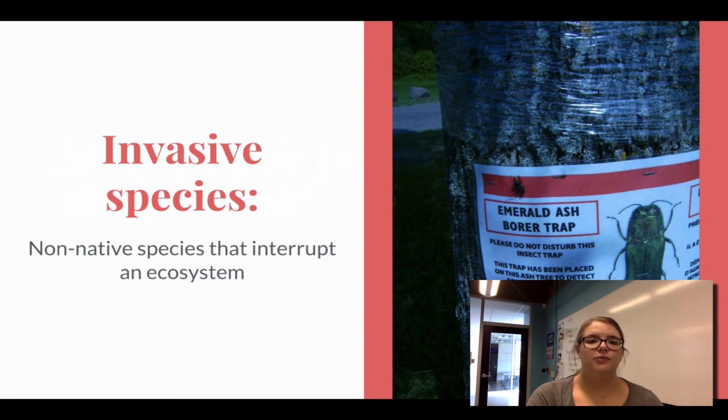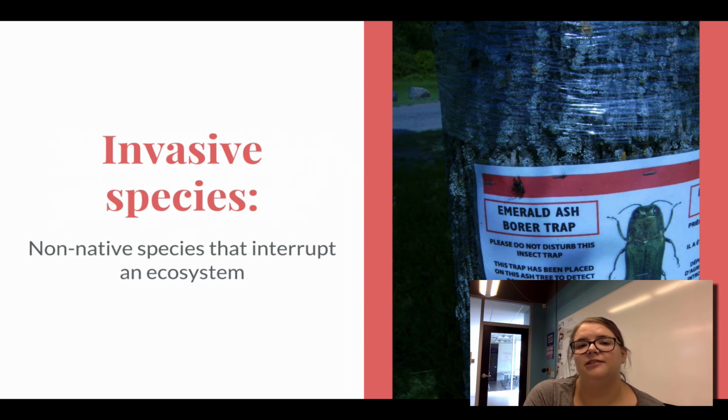And invasive species are really dangerous because they usually do not have a predator in this new ecosystem. So they get out of control, right? They just are going wild. And these emerald ash borers can do a lot of damage. Invasive species can destroy an entire ecosystem sometimes. So this is an example of interspecies competition with a new species that doesn't have a predator.